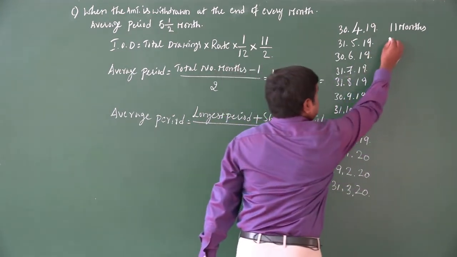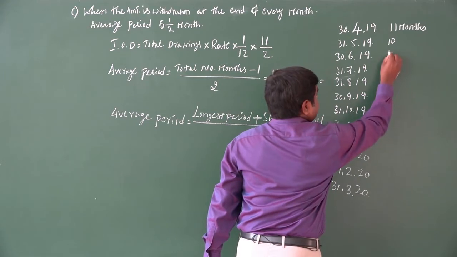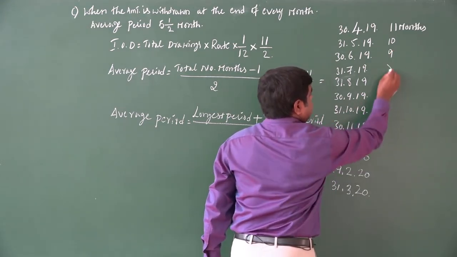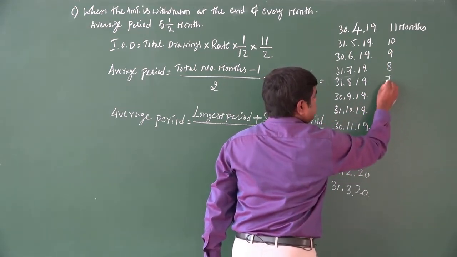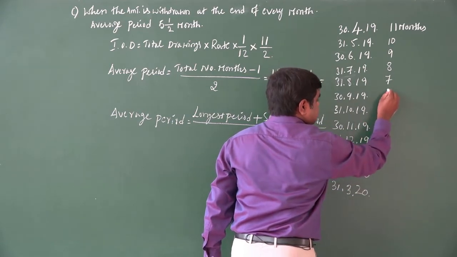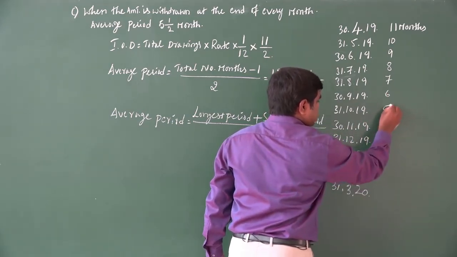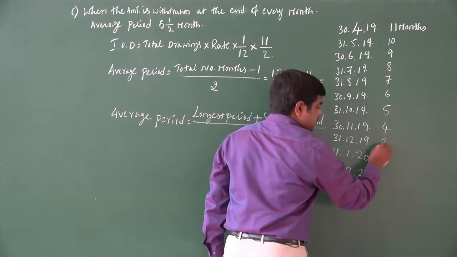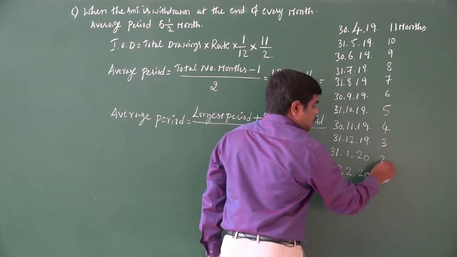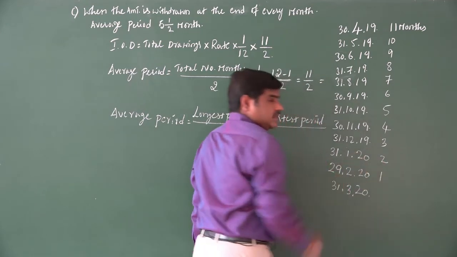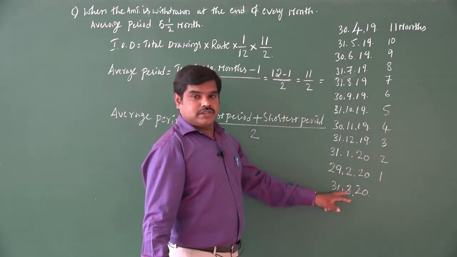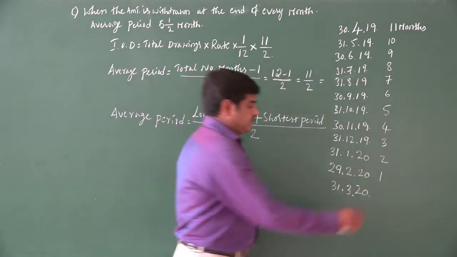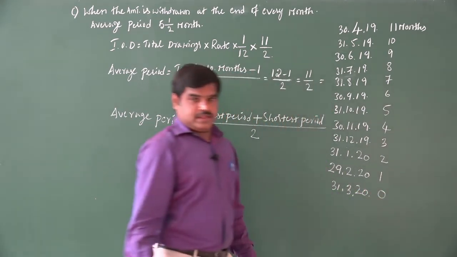Similarly, next 10 months, 9, 8, then 7, next 6, 5 months. If you calculate 4, next 3, 2, 1 month. Last, 31st March to 31st March, 0 month.